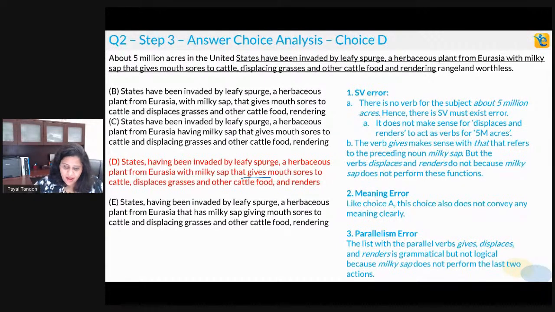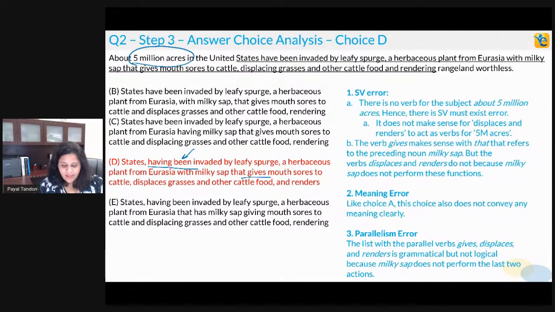So over here, we need to understand the sentence structure. The main thing over here is that about 5 million acres in United States having been invaded, displaced. So having been invaded. So basically these 5 million acres, there is no verb for the subject. Because this part over here, have been invaded, has been converted into a modifier, having been invaded.